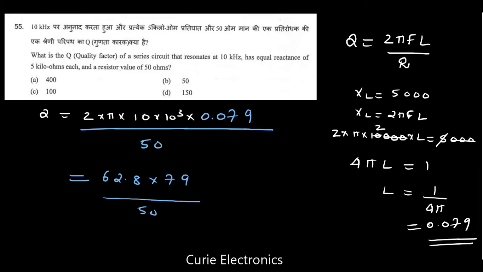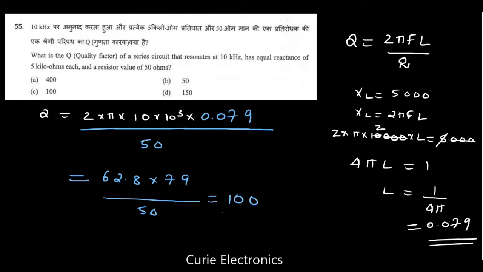The 79 I will take as 80. 62.8 multiplied by 79 divided by 50 comes to 99, similarly it comes to 100.